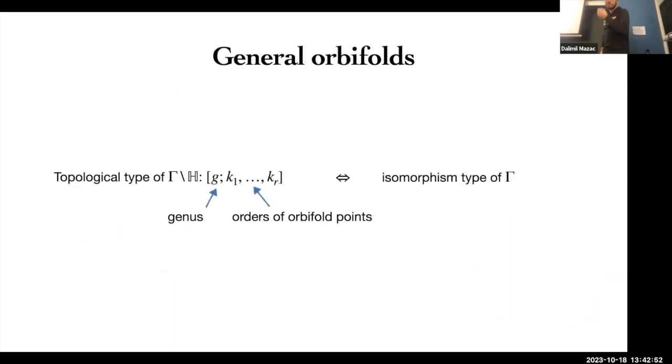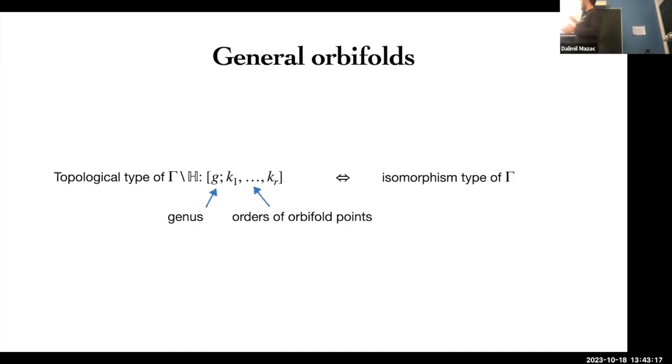And more generally, it will be useful to introduce an invariant of these surfaces, which is the topological type, which just consists of the genus and the orders of the orbifold points. If they are smooth, the topological type is just the genus, but more generally we also want to keep track of the orders of the orbifold points.